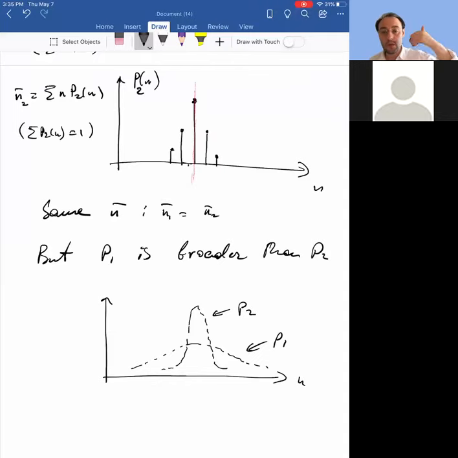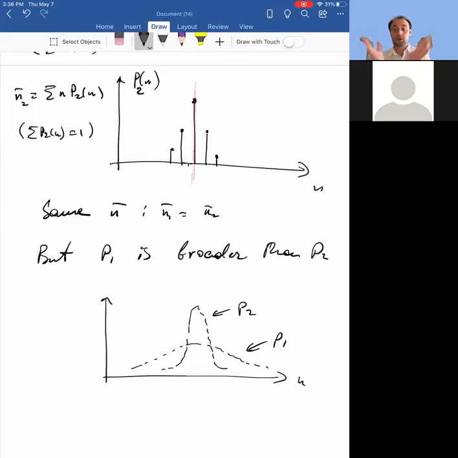Because both distributions have to be normalized, and P2 is narrower than P1, necessarily it has to be taller at the highest peak, because the area under the two distributions is the same, namely 1.